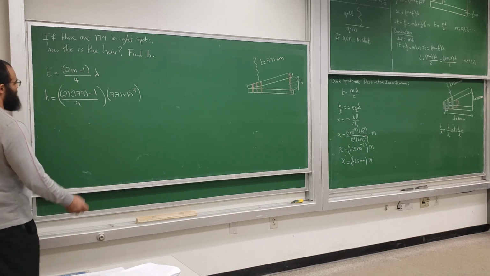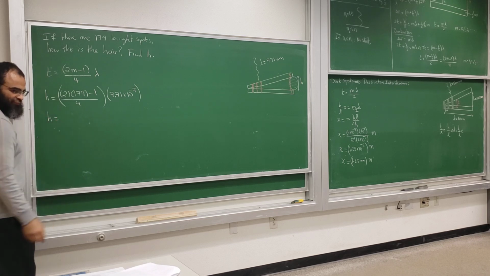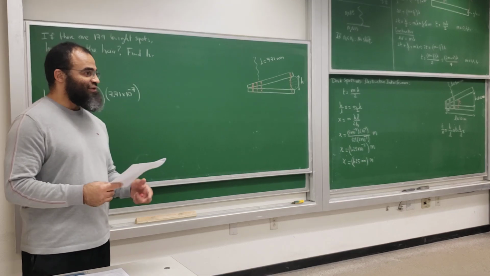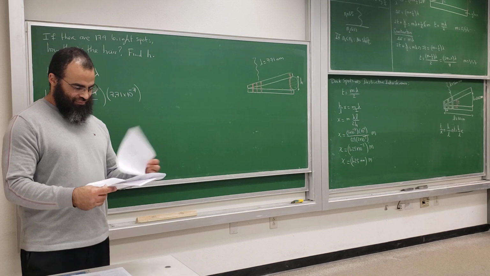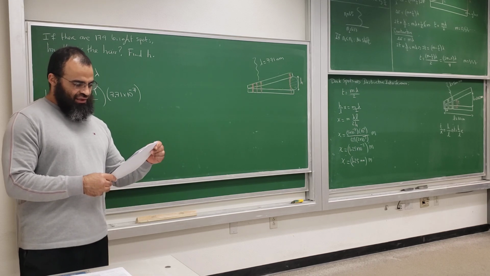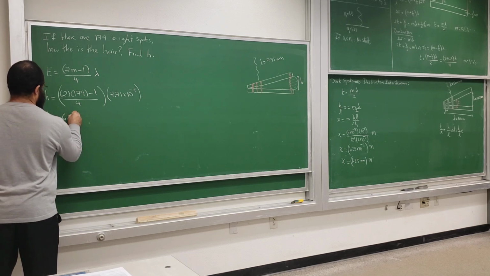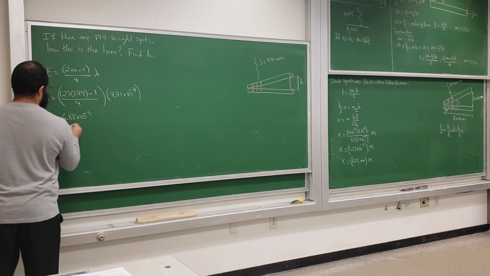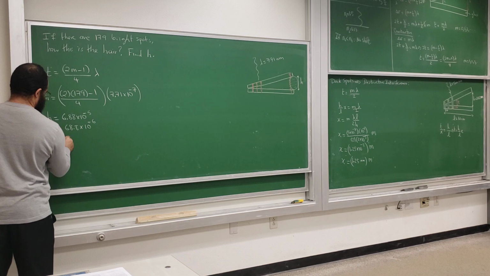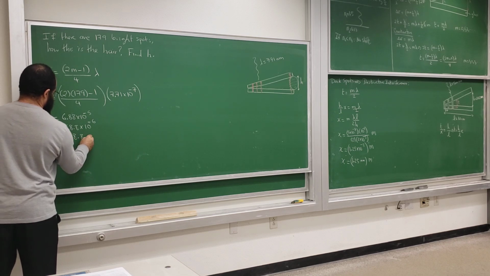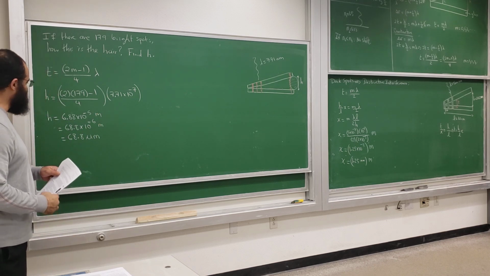And so you plug in the numbers and you get H to be... I'll just look at the answer. What's the answer? It says 6.88 times 10 to the minus 5, and that's 68.8 times 10 to the minus 6, which is 68.8 micrometers.